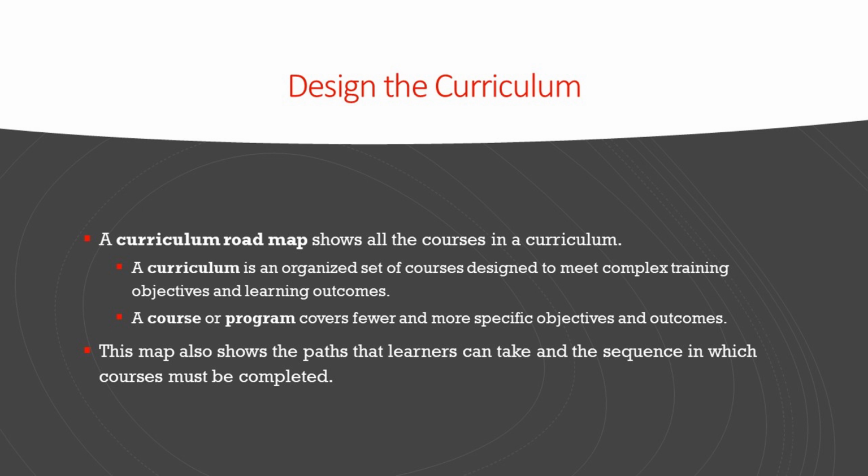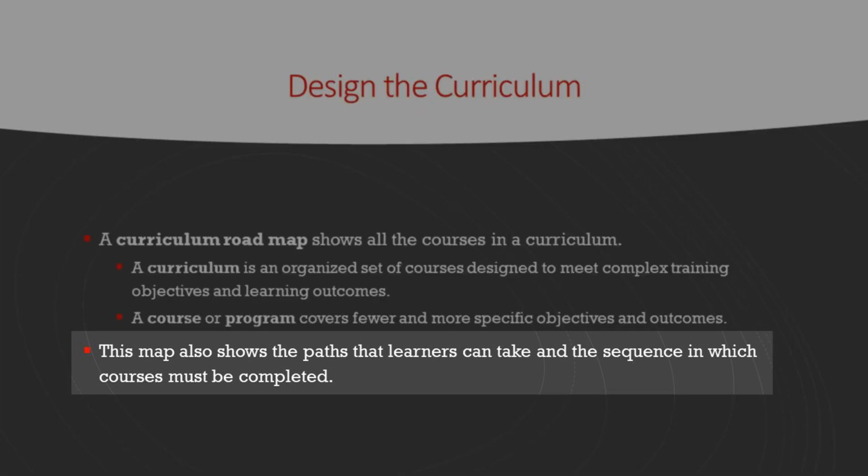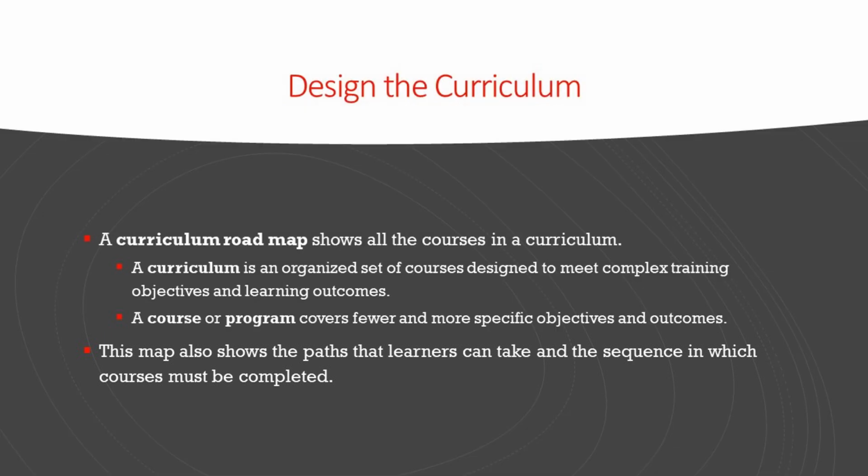The HRMG major or program of study here at Maryville University is an example of a curriculum. Many of you have likely reviewed the roadmap provided by your advisor or the university's website, a document that shows the different paths and sequences of coursework you can take to complete the program and earn your degree. This course is an obvious example of a program, and yes, the objectives and outcomes listed in the syllabus are based on the HRMG's program objectives and outcomes.